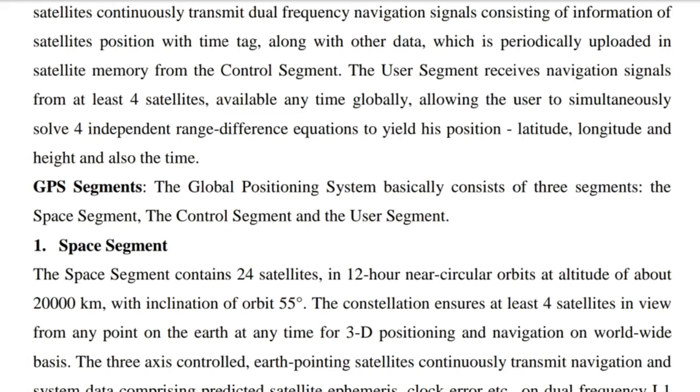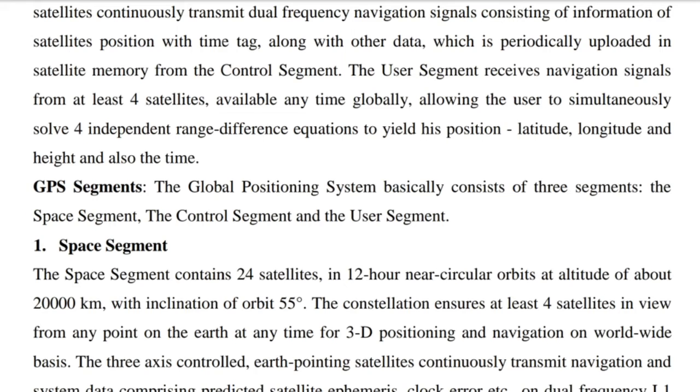GPS segments. The Global Positioning System basically consists of 3 segments: the space segment, the control segment and the user segment. 1. Space segment. The space segment contains 24 satellites in 12-hour near-circular orbits at an altitude of about 20,000 km with an inclination of orbit of 55 degrees.